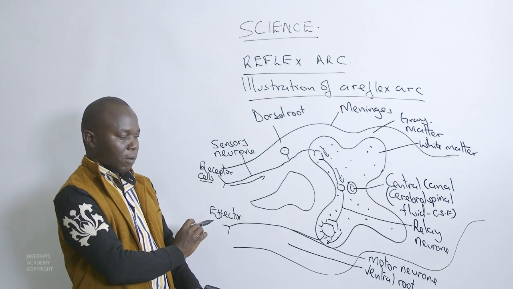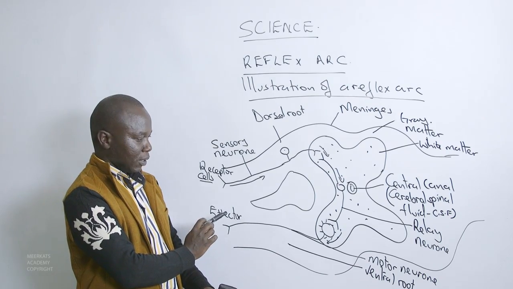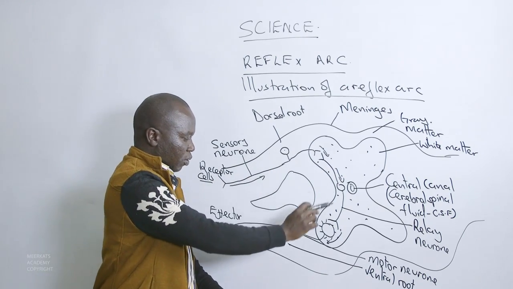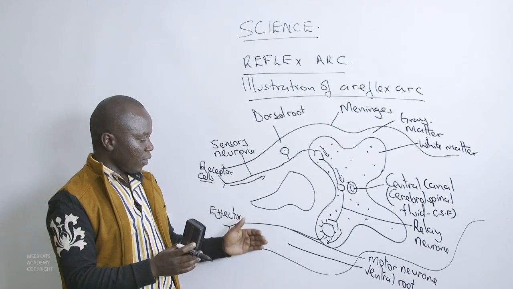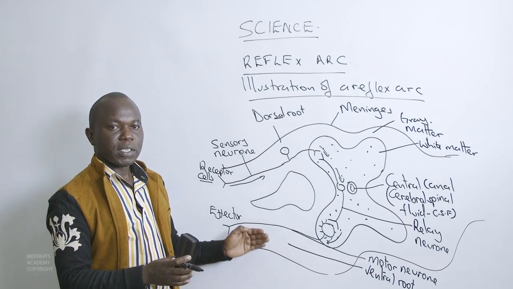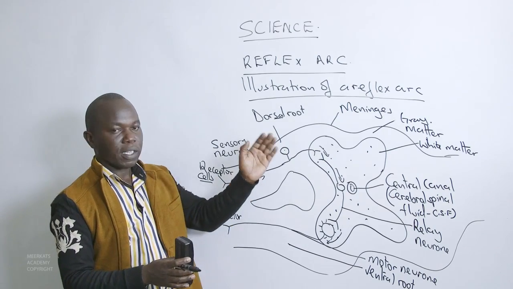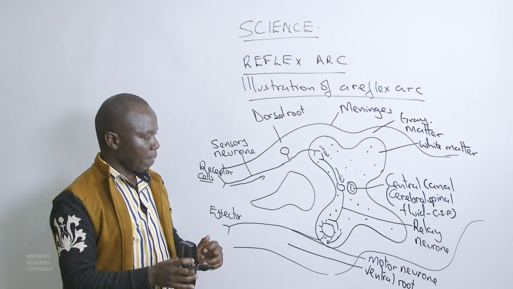It could be a muscle or a gland. So that route or that path through which the nerve impulse is flowing is what we call the reflex arc.